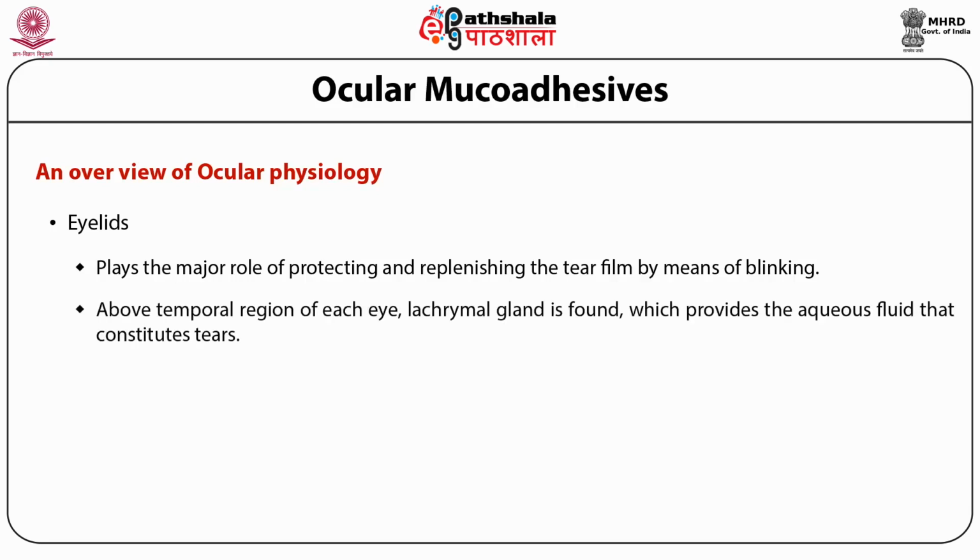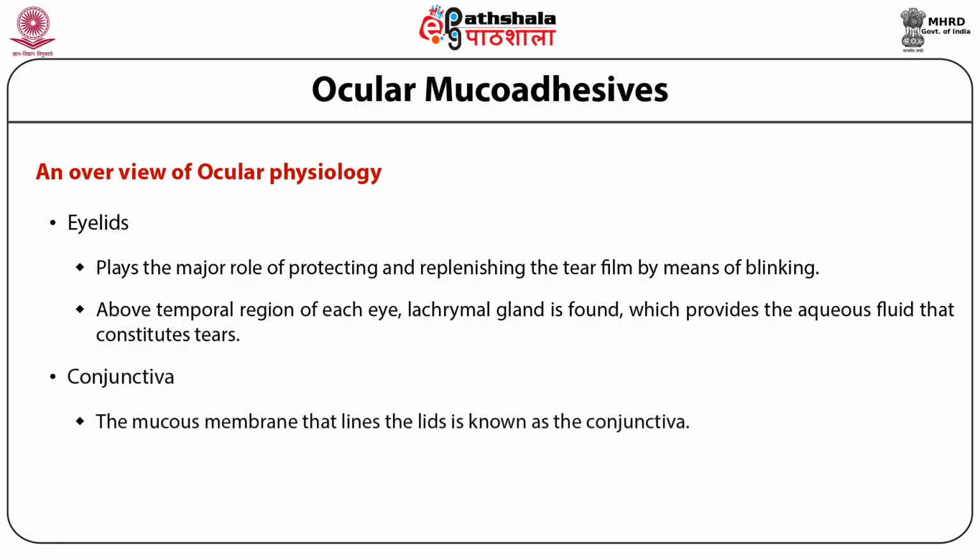Above the temporal region of each eye, the lacrimal gland is found, which provides the aqueous fluid that constitutes the tears. Then comes the conjunctiva. The mucous membrane that lines the lids is referred to as the conjunctiva. It is primarily composed of multi-layered, non-keratinized columnar epithelium.